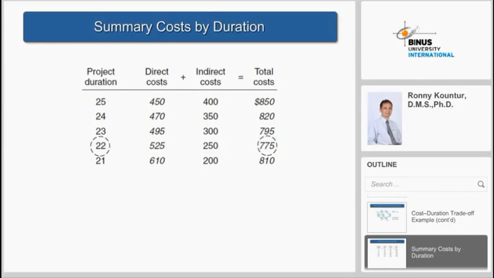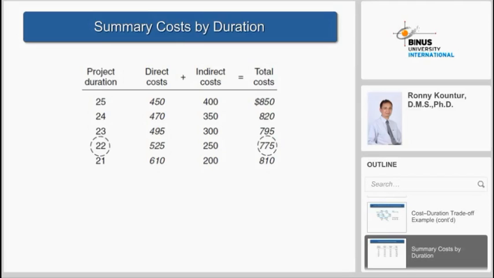And you notice that the total cost will keep on decreasing until the lowest total cost, then it will increase. So what we get is the lowest total cost, which is 775. When we get the 775, the time of the project becomes 22.